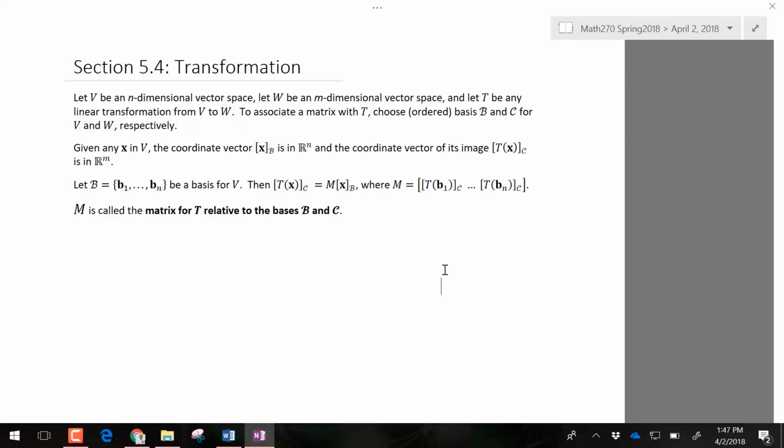So this is in general terms right now. So if X is any vector in V, then the coordinate vector of X with the B on the outside is a coordinate vector. Its image is going to be T of X in the different basis C. Is that making sense so far?